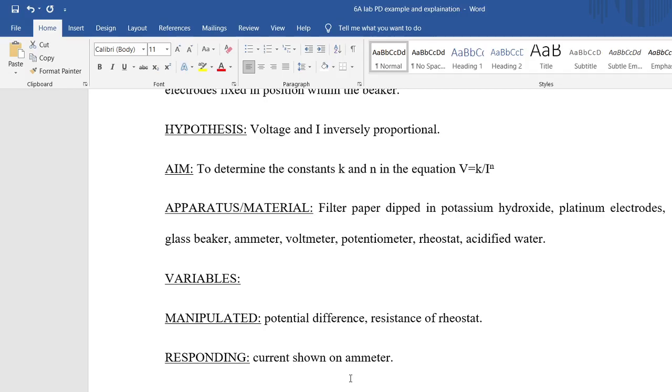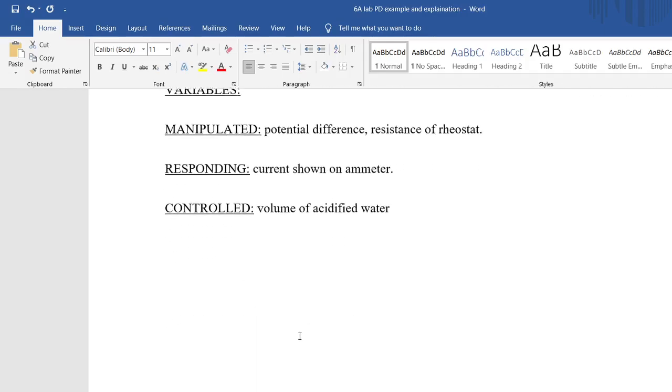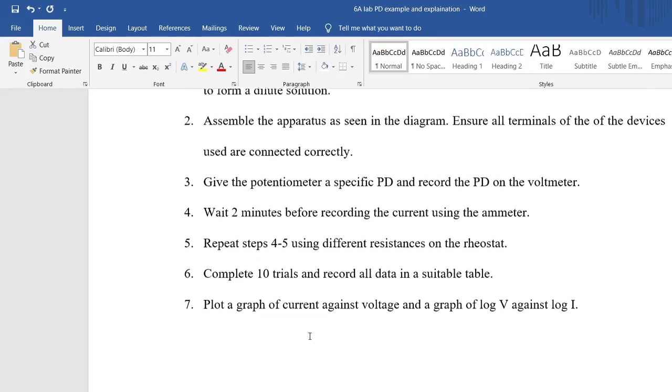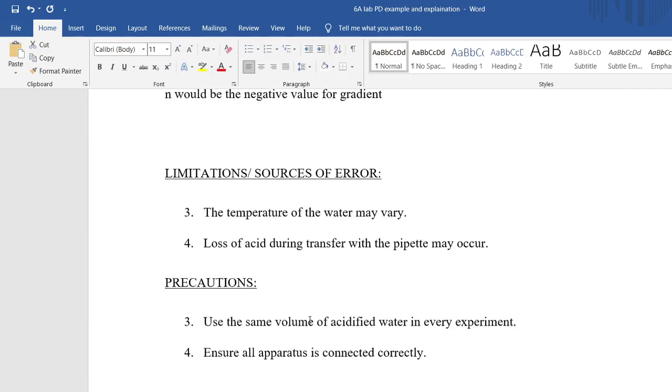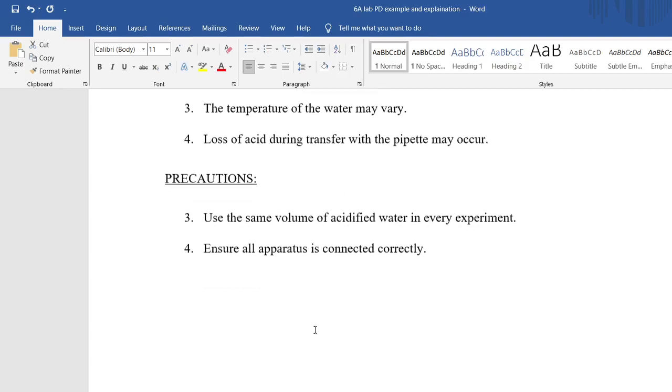I think I disagree with this one here. You manipulate the resistance of the rheostat, and then the voltage and current will actually change. So this should have been right there, and having all of that in place would give you the full marks for that lab.